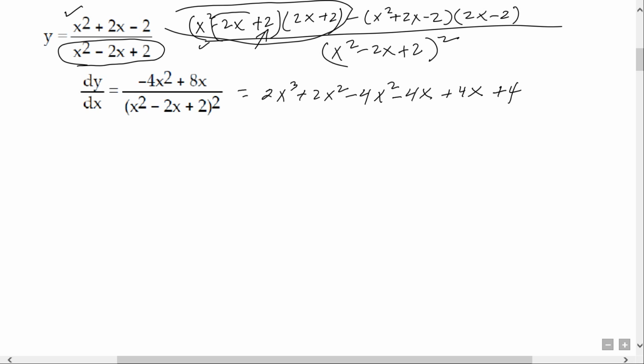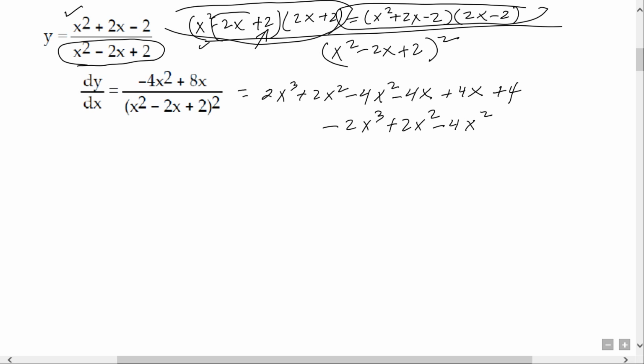And now taking care of this last part, we get minus x squared times 2x is minus 2x cubed, minus x squared times minus 2 is plus 2x squared. And now the minus times the 2x times the 2x gives us minus 4x squared.